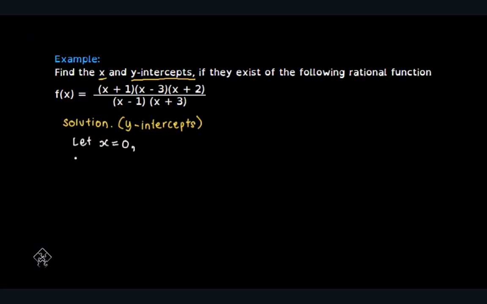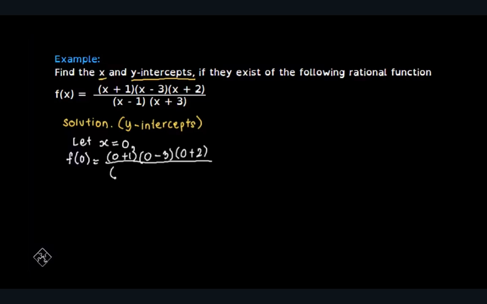Okay? So, kung magiging 0 yung x natin, first meron tayong given, f of 0 equals, okay, this is the numerator. So, yung x plus 1 magiging 0 plus 1 times x minus 3 magiging 0 minus 3. In here, x plus 2, we have 0 plus 2.